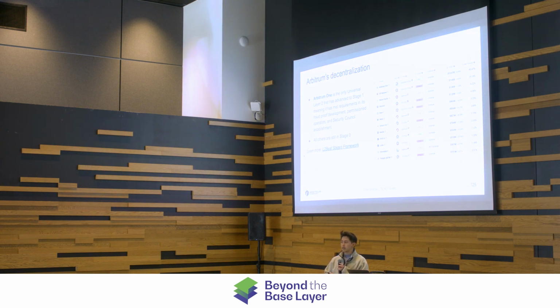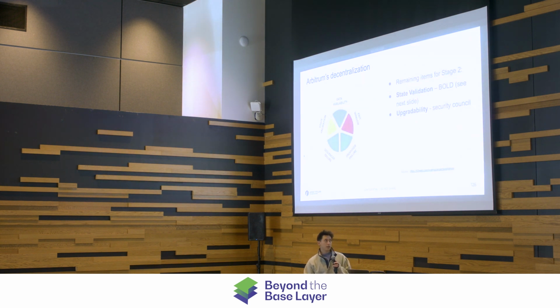What this means is there are fewer trust assumptions when using Arbitrum tech, and specifically Arbitrum One. We can dive into this a little bit. If we zoom in on this risk profile, we'll see that we have 3 green slices out of 5, and that there are 2 that we're still working on.